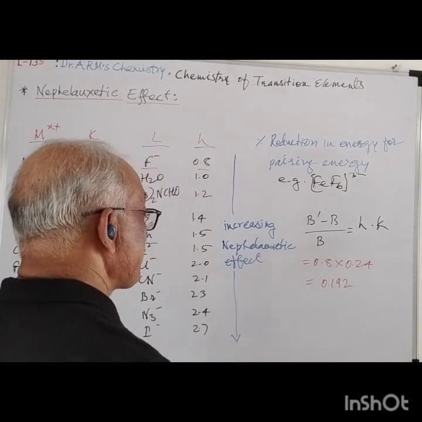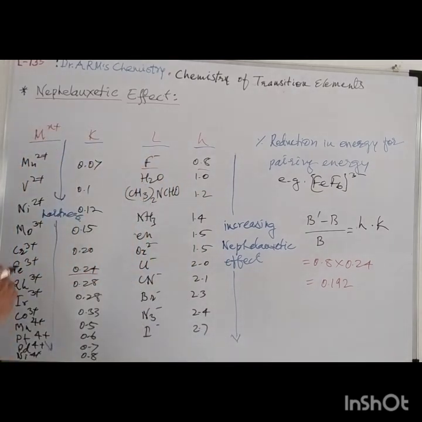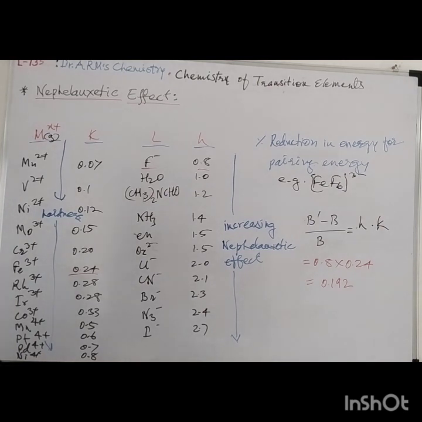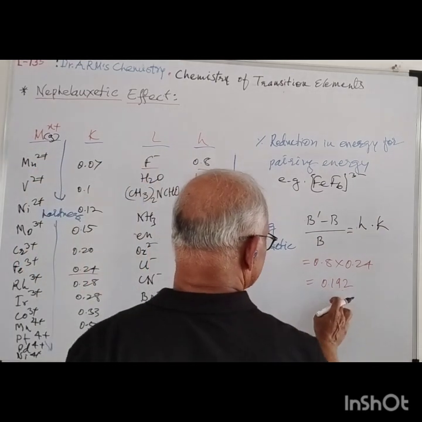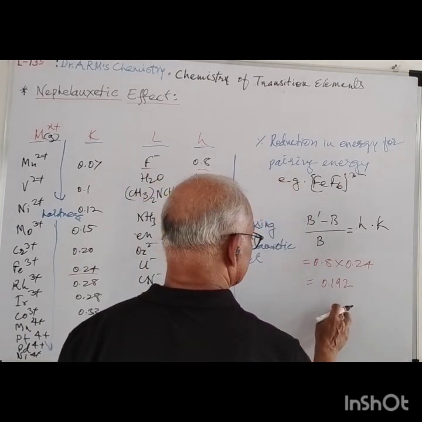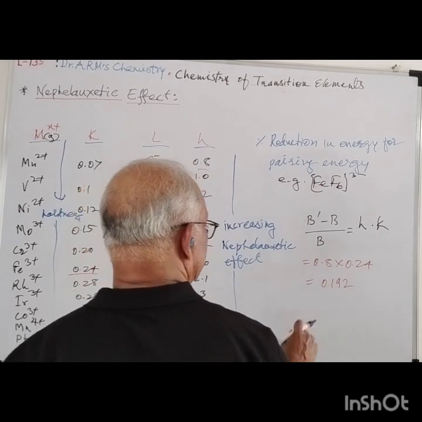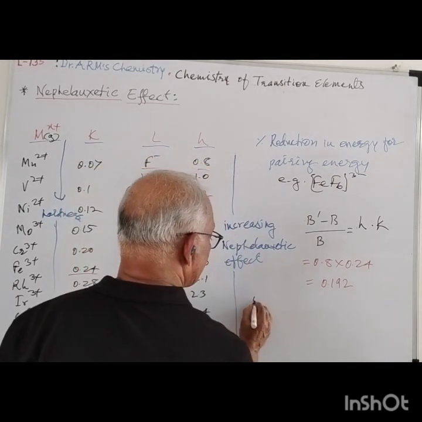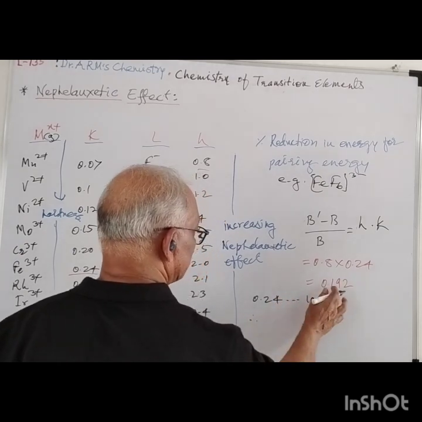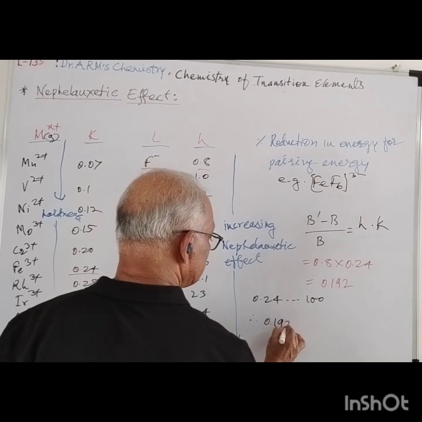Here you will find that these values are for the metal ion in gaseous state. So the 100% energy required is 0.24, and we can calculate this difference in energy. So 0.24 is 100%. Therefore, how much is 0.192?